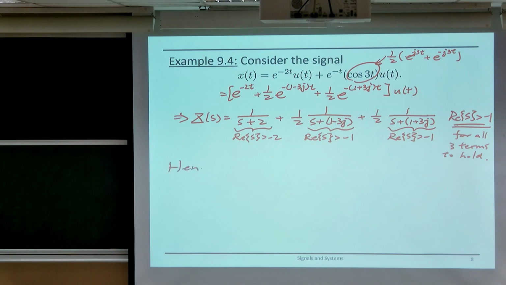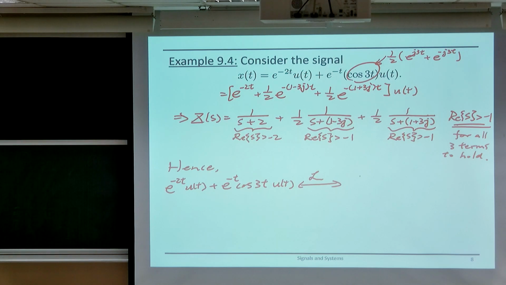So in conclusion, we get a Laplace transform pair where e to the minus 2t u of t plus e to the minus t cosine 3t u of t forms a Laplace transform pair with the combination of these three. Let me write this out directly.